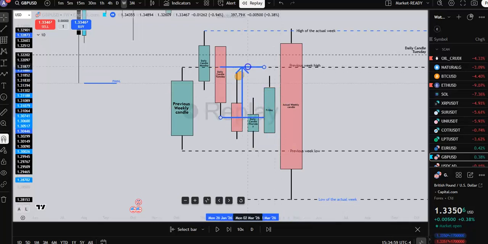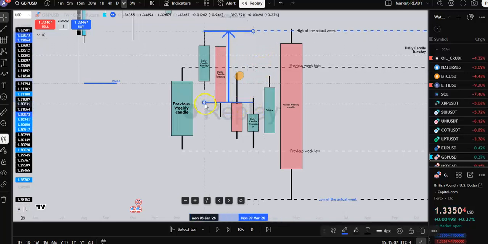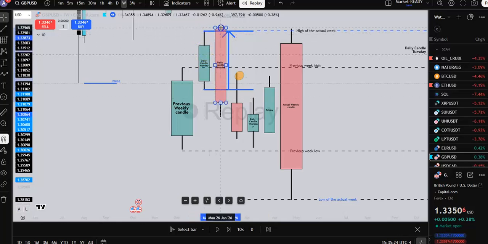For example, what is an engulfing daily candle? It is the candle that will take the previous daily low and close below it. An engulfing bullish candle will be a candle that will take the previous daily high and close above it.